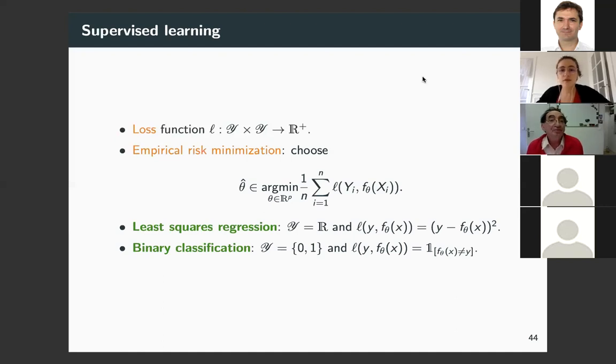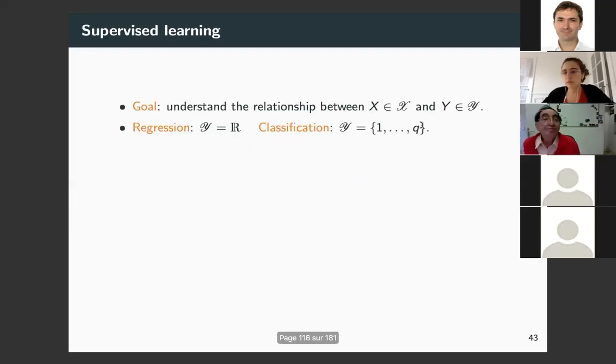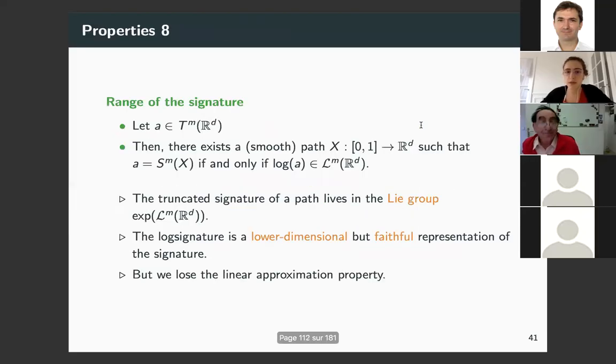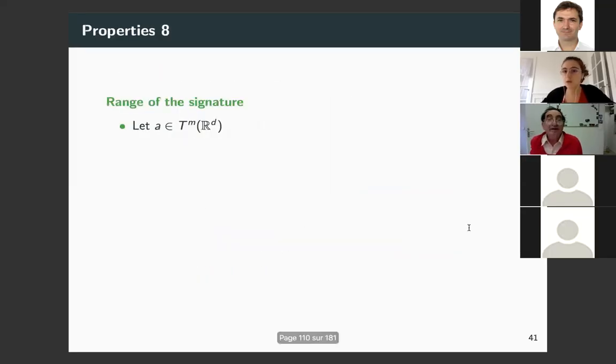So if the log of this sequence is in the space that I wrote just here, then in this case, yes, there exists a path such that you have the signature of it. And the immediate question is: do you have a way to check that the log of the tensor belongs to the domain in which you are looking?